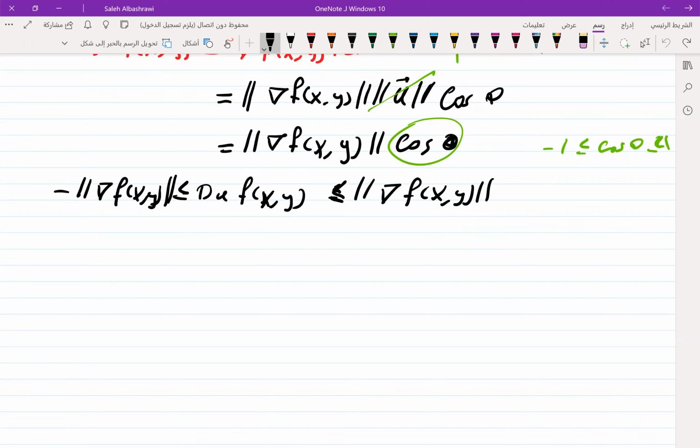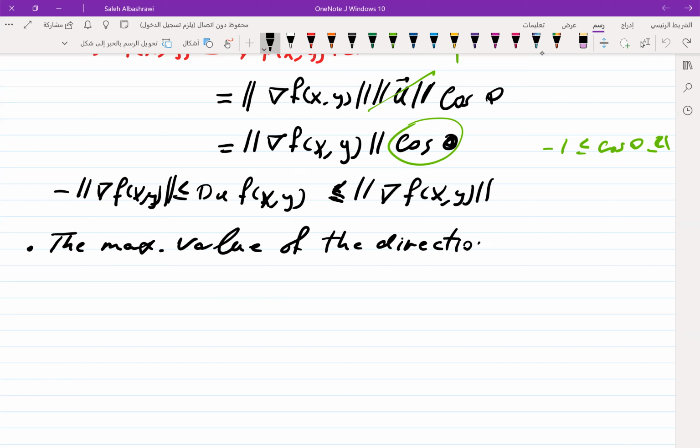From this relation, we can say that the maximum value of the directional derivative is equal to the magnitude of the gradient of the function.